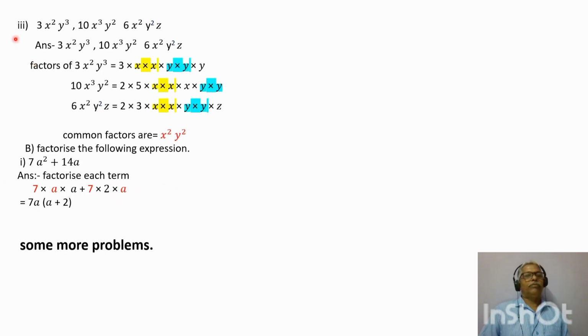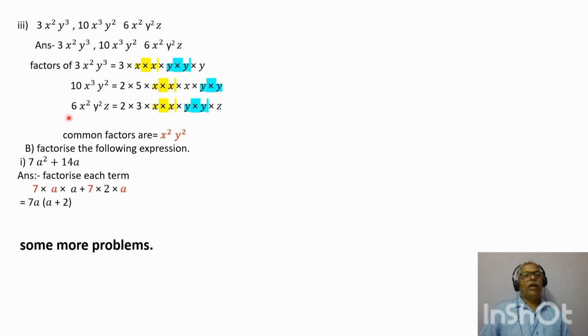And the third one, again very simple. They seem to be big terms, but nothing like that. They are very easy. Go through it. 3x square y cube, second term 10x cube y square, third term 6x square y square z. Answer: write the terms as they are. 3x square y cube is 3 into 2 times x and 3 times y. Now 10 is 2 into 5, then 3 times x and 2 times y.